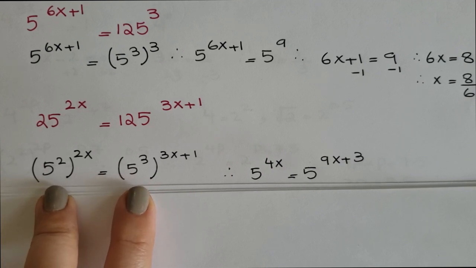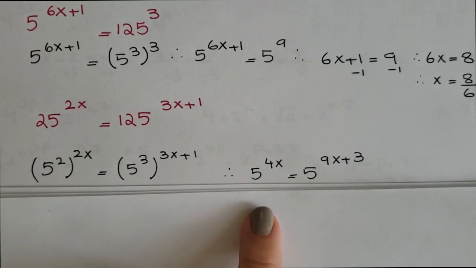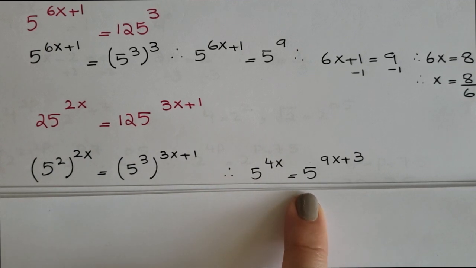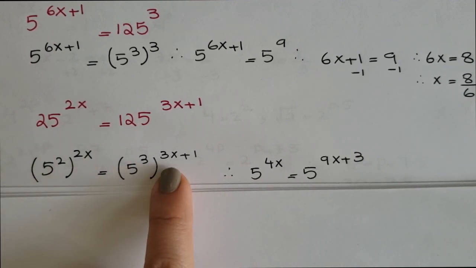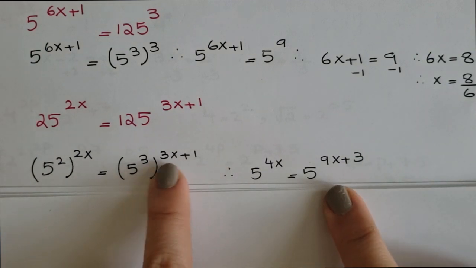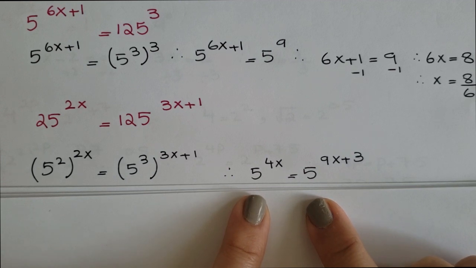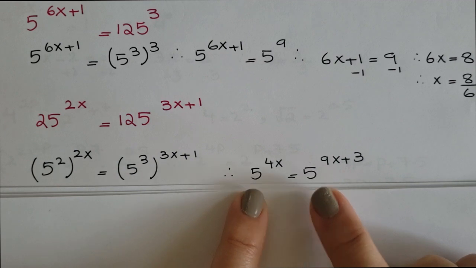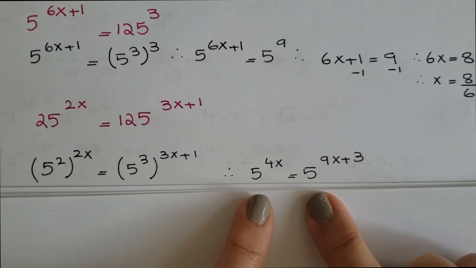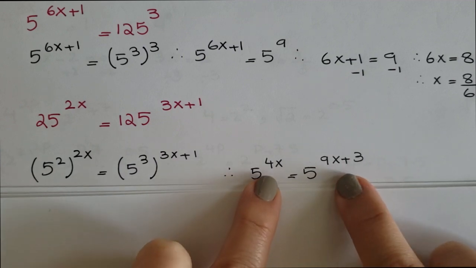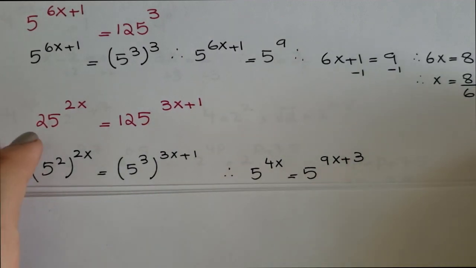If I do so, then I would have all the bases the same. So this would change to 5 to the power 4x on one side, and on the other side I would have 3 times 3x, which is 9x, and 3 times 1 is 3. So on this side I have the two bases the same, both of them are 5, and in order for the two sides of the equal sign to be exactly the same, the exponents must be equal.